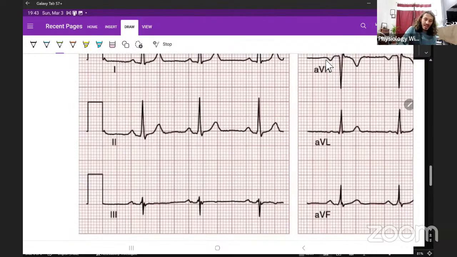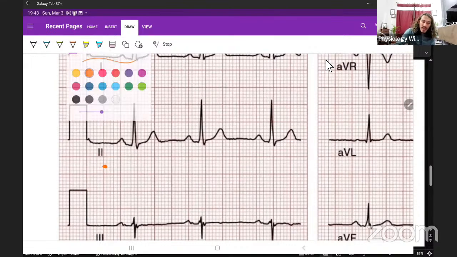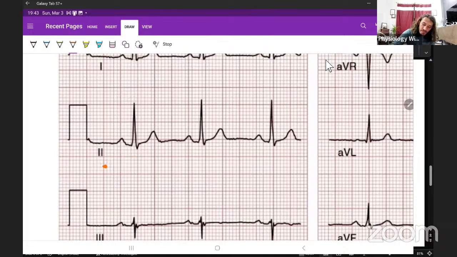I was talking about the amplitude, I was talking about the speed. This one small division that you see here is 1 millimeter. So you take up 5 such small boxes, that is 5 millimeters.